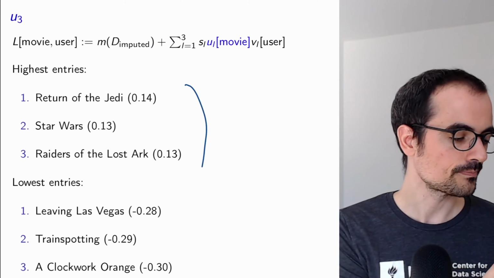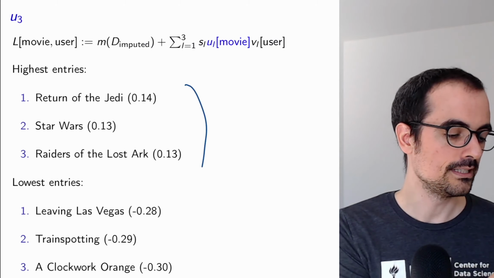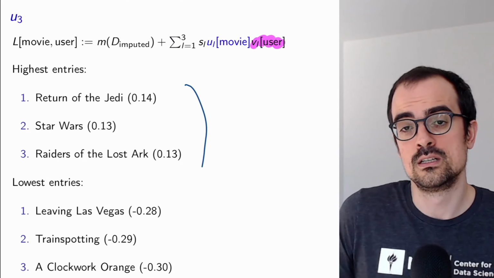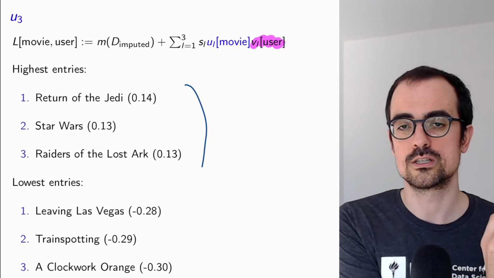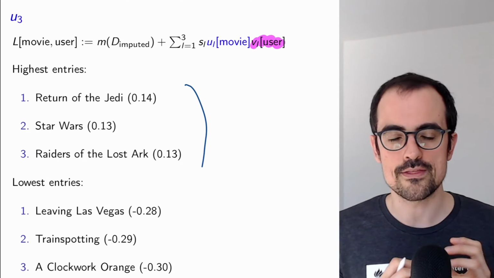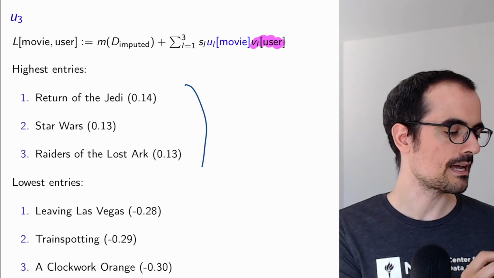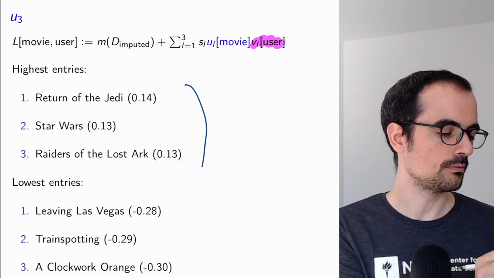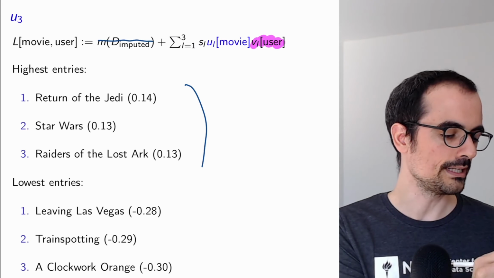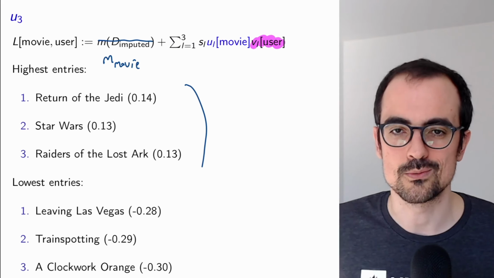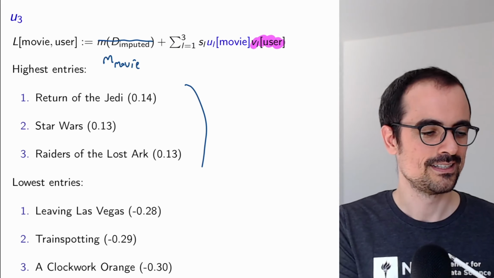So in this case, this coefficient tells us basically whether the user prefers commercial adventure movies or rather edgier alternative movies. And again, I apologize for this. This should not be the mean of all the imputed ratings. It's the mean of each movie. If I post the slides, I will post them corrected.